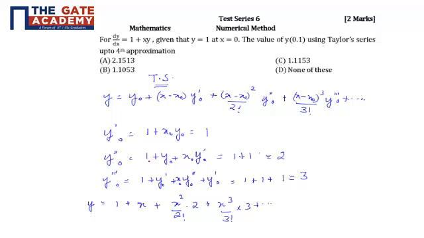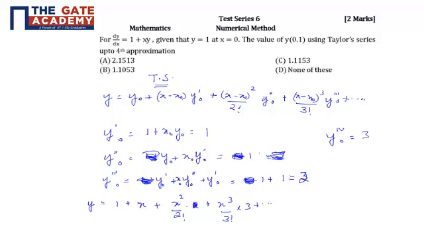Sorry, I have made a slight mistake, this would be 0, so this would be simply 1. Similarly this portion won't be there, so this portion would be 2, and similarly y raised to 4 times 0 would be 3 and so on.